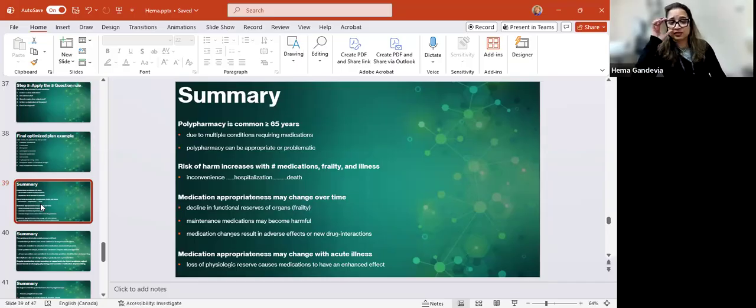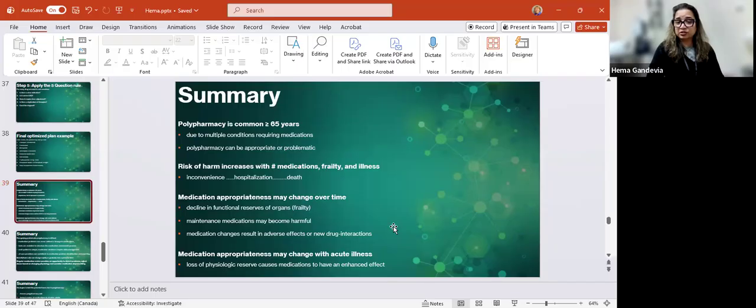Medication changes result in adverse reactions, adverse effects, and potentially new drug interactions too. Our aging population also has a loss of physiologic reserve, causing medications to have enhanced effects.